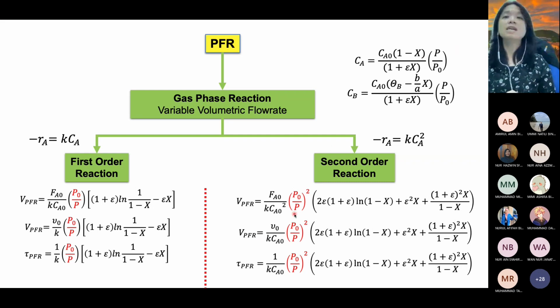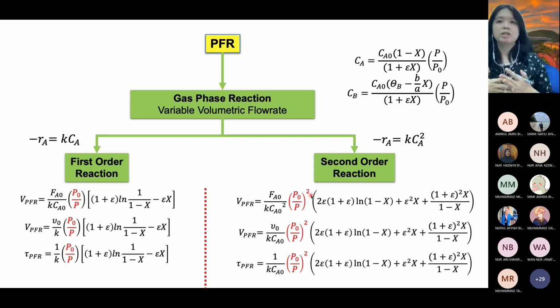Sebab tu equation final dia akan ada kuasa 2. Then, if you wonder kenapa ni P per P0 dalam design equation P0 per P, sebab equation kita kan ada layer pertama, layer kedua, layer ketiga. Lepas kita terbalikkan, dia akan menjadi reciprocal. Sebab tu dalam design equation menjadi P0 per P kuasa 2. Okay, so kalau first order, P0 per P.